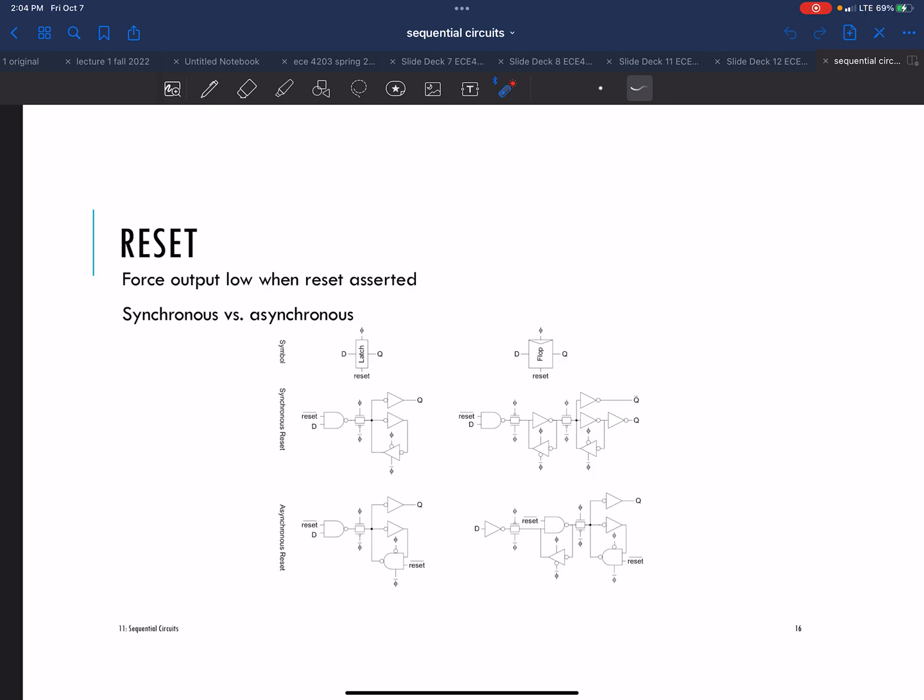Now, the second question is why asynchronous reset? Asynchronous means regardless of what the clock is doing, the reset will reset your flip-flops.